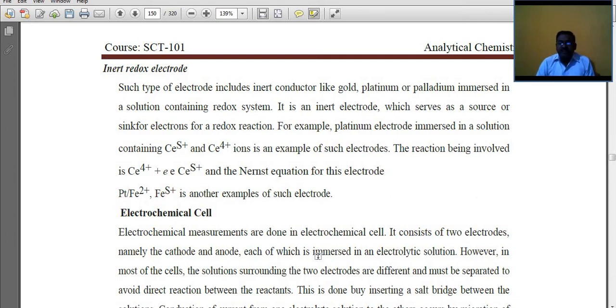It is an inert electrode which serves as a source or sink for electrons for a redox reaction. For example, a platinum electrode immersed in a solution containing cerium 3 plus and cerium 4 plus ions is an example of such electrodes. The reaction involved is cerium 4 plus and the Nernst equation for this electrode.